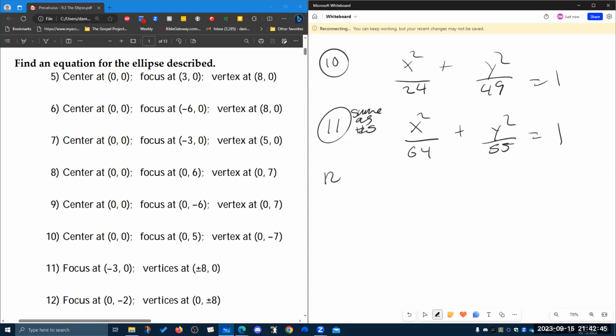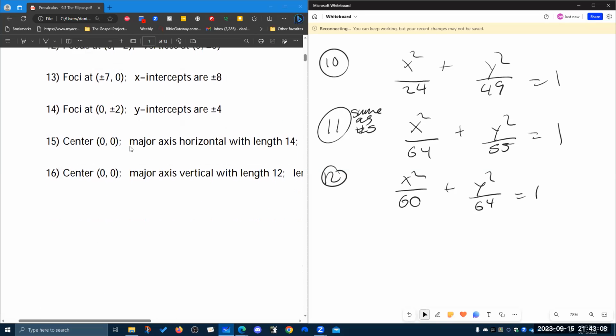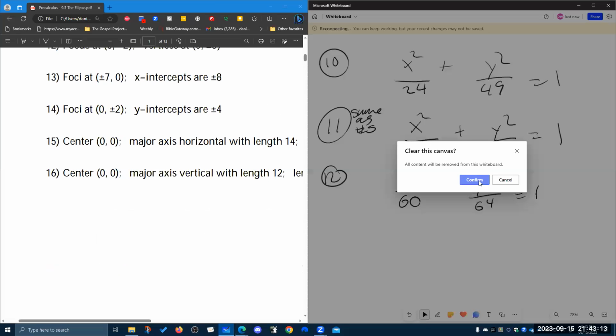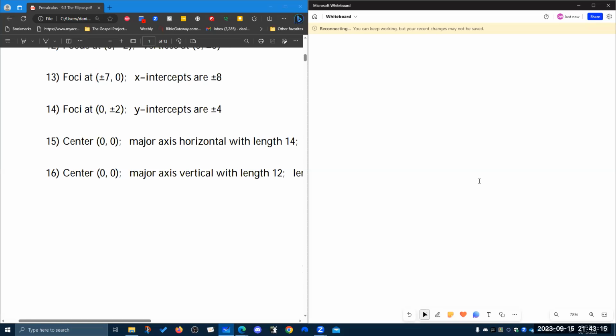12. Now its major axis is in the y direction. Focus is 2 away, so I need 60 there. Focus at ±7 away.